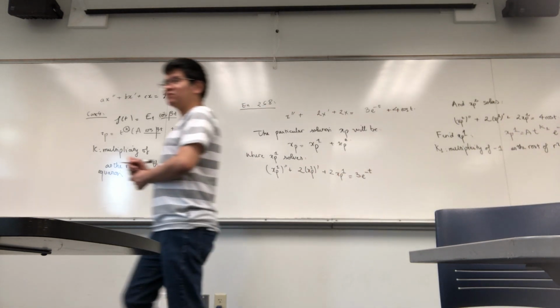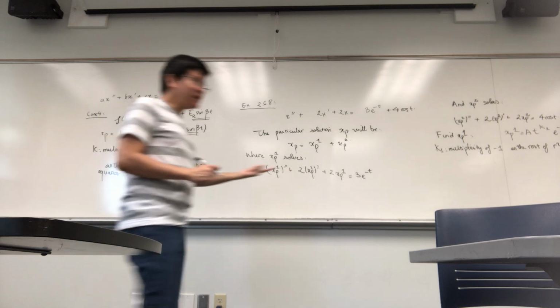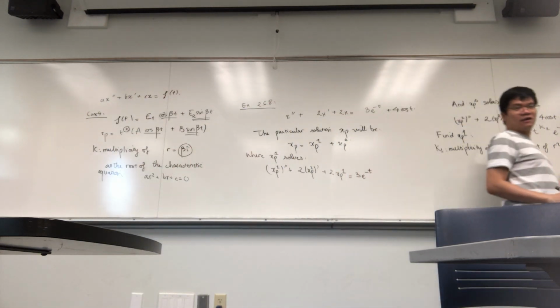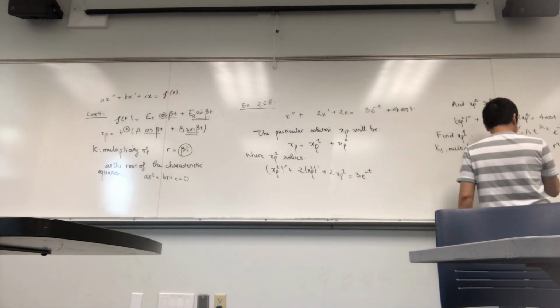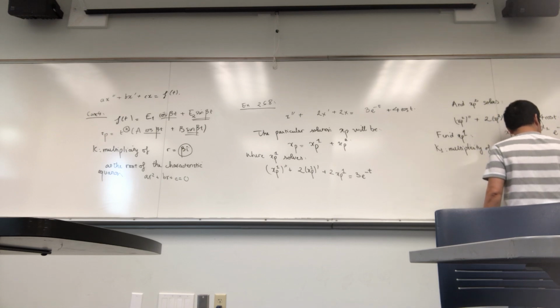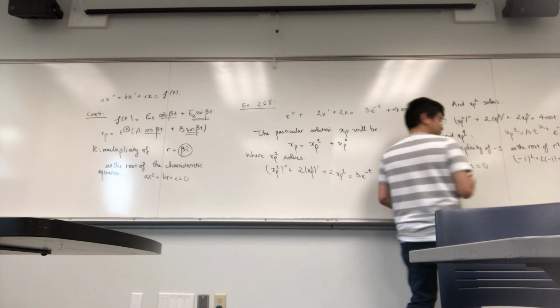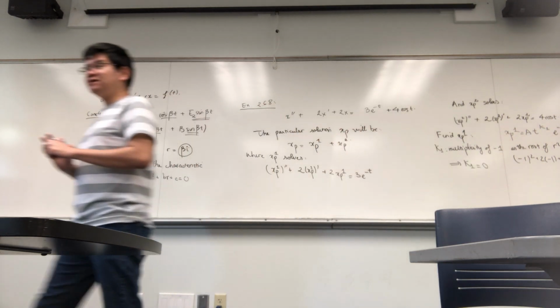So k1 will be the multiplicity of -1 as the root of r squared plus 2r plus 2, which is 0. But -1 is not a solution. Right? So you have (-1) squared plus 2 times -1 plus 2, which is different from 0. So k1 is 0. Is it clear?